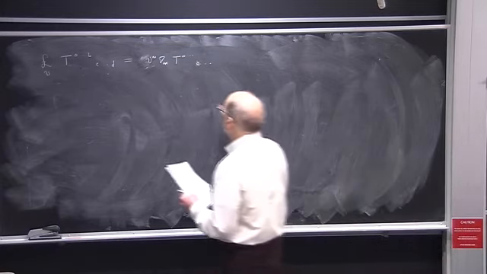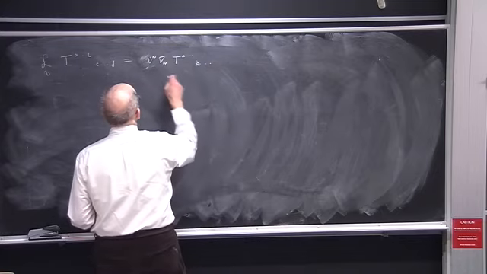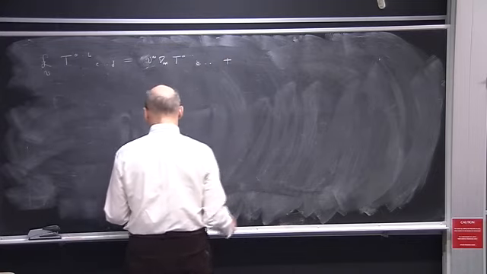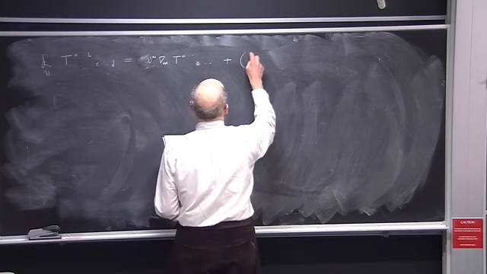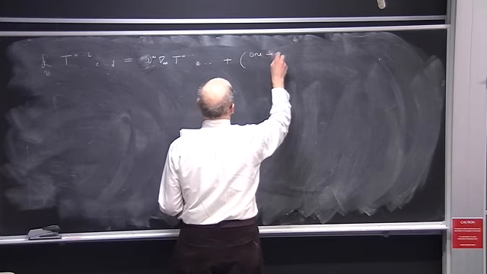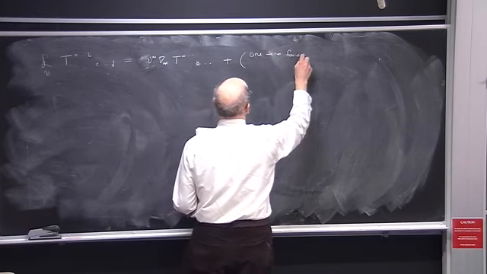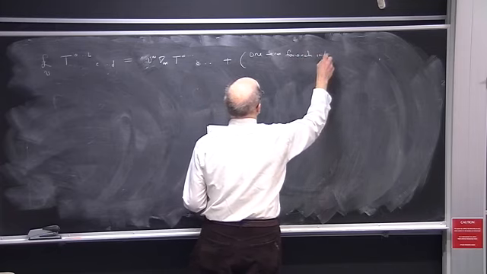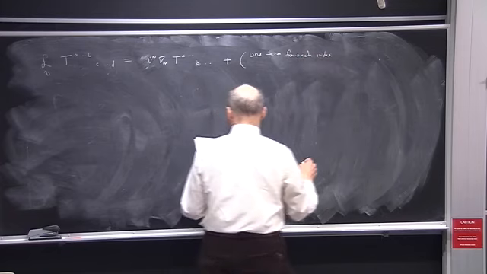So it'll just be, again, the directional covariant derivative plus correction terms, and there'll be one term for each index on T.